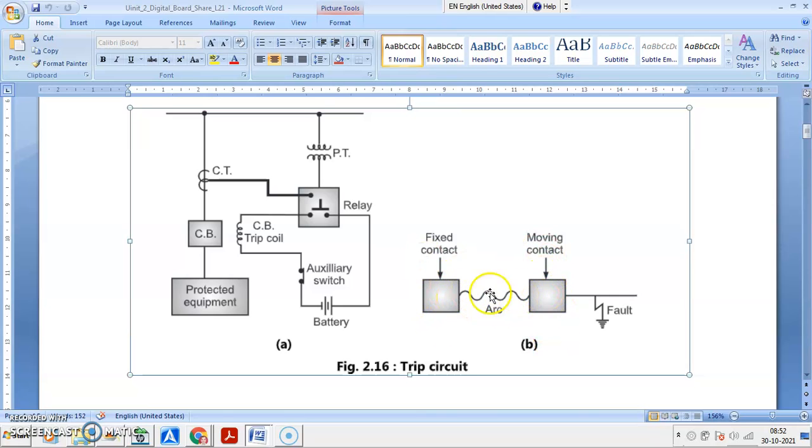This is the arc current path. If you increase the resistance of this arc current path rapidly, then the arc gets extinguished.